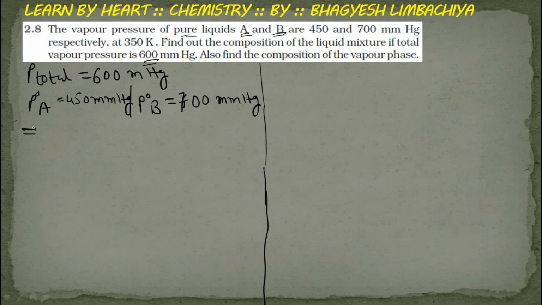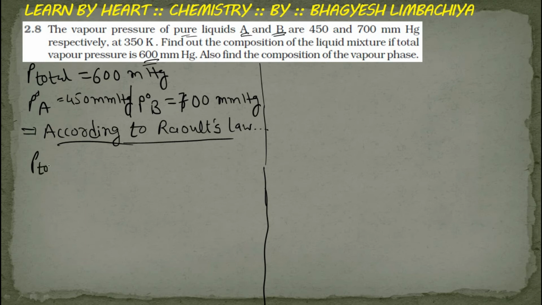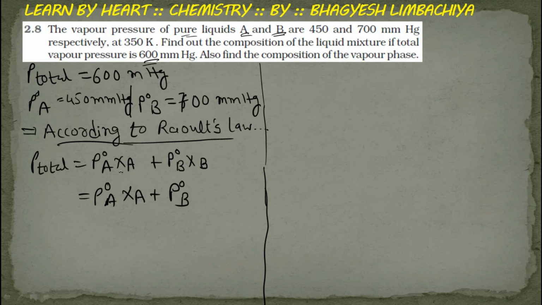So according to Raoult's law, for the liquids P total equals P0A XA plus P0B XB. We know that the total mole fraction will always be 1.